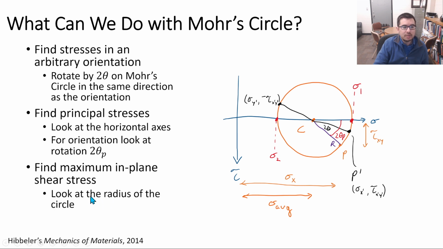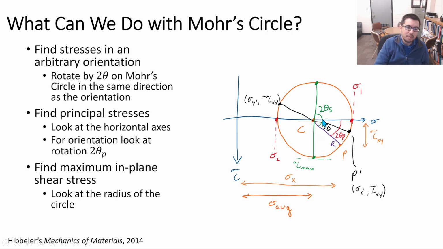Now, the other thing we can do is we can try to find the maximum in-plane shear stress. And this has to do with getting us to a situation where the shear stress is a maximum. So it's going to be at these locations, and positive max is going to be at the bottom. And look, now let's say that this was rotated a negative amount from here.